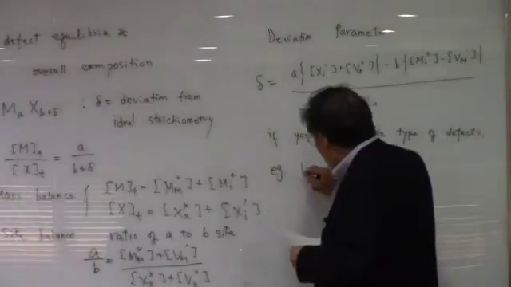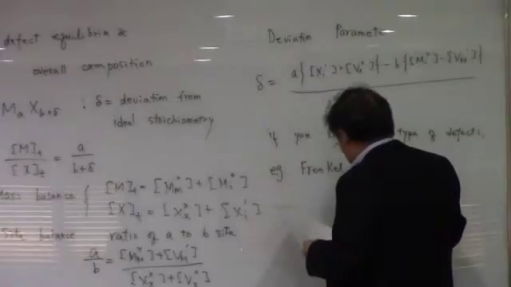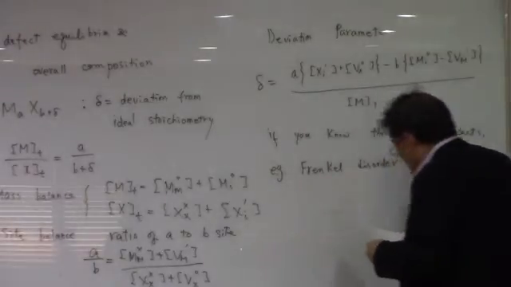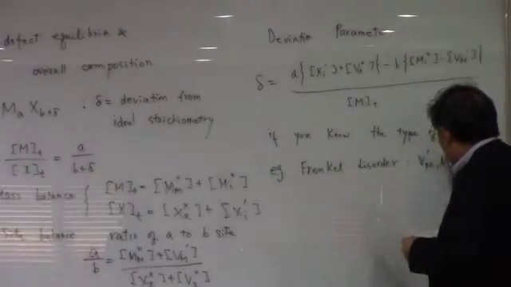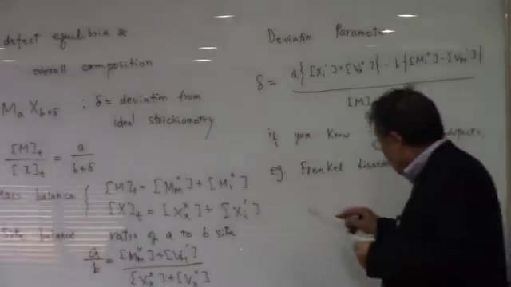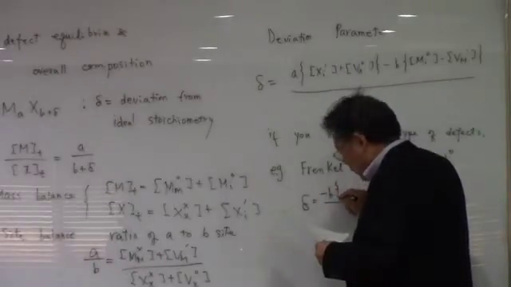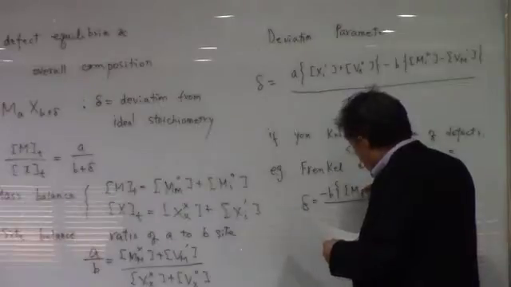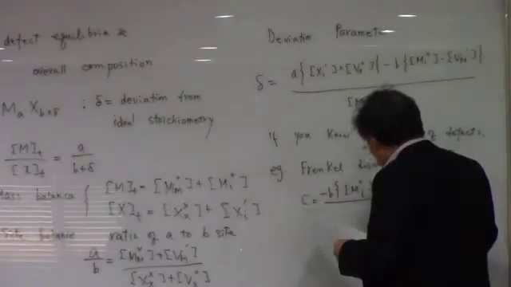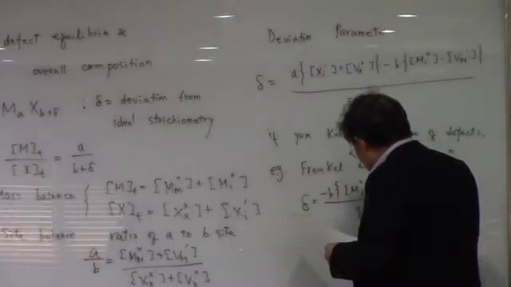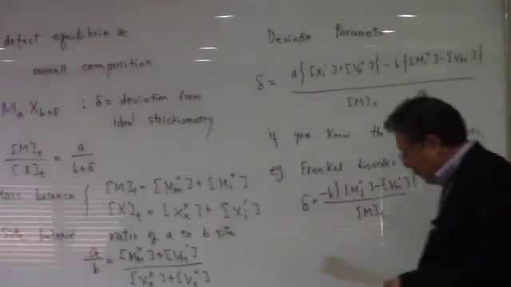Like if you have a Frenkel disorder, then the major defects we know are going to be the interstitial and the vacancies of the cation, so that the delta value now is going to be simplified to be M_i naught minus V_M prime only. The other terms are going to be neglected, okay?